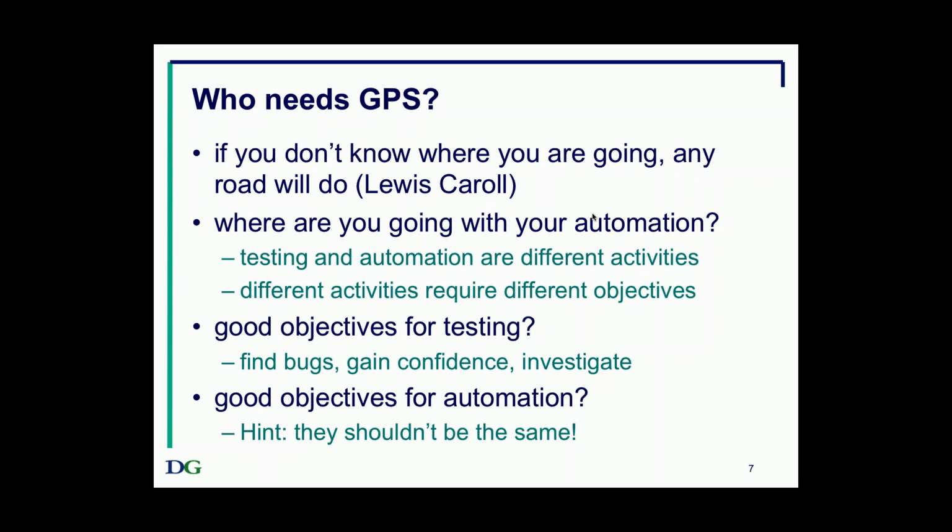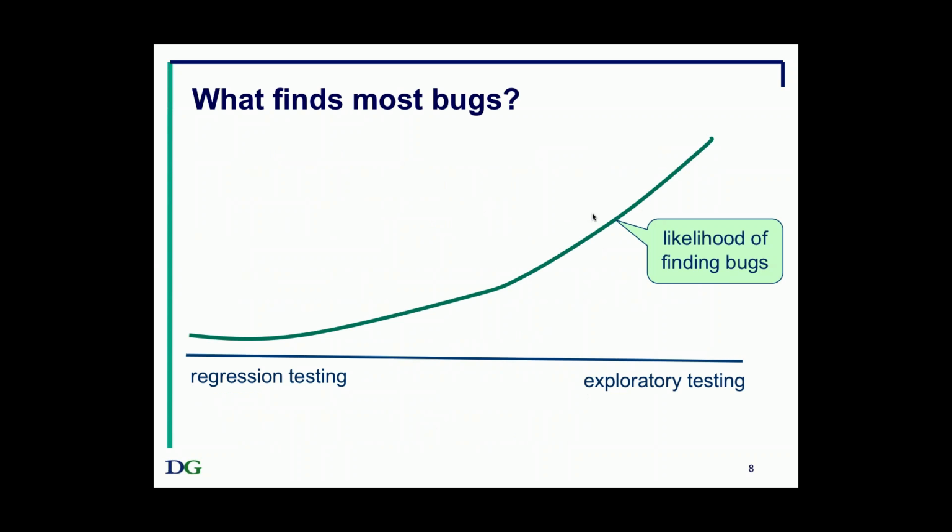Given regression testing and exploratory testing, which type of testing finds the most bugs? Well, of course, exploratory finds bugs. With regression testing, there is a test that was already working, and you're waiting for it to stop working when you run it again. Pretty unlikely, right? So regression tests, by their nature, don't find many bugs.